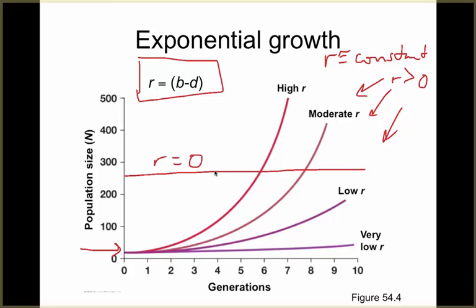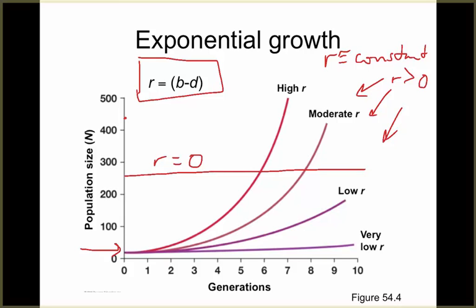What would it look like if r was actually less than 0? Well, that would mean that the death rate was greater than the birth rate, and the population would be going down. It's a little hard to show this starting at a population this small, so I'll show an example of r less than 0 by starting with a higher population.